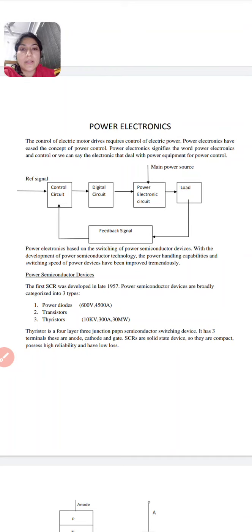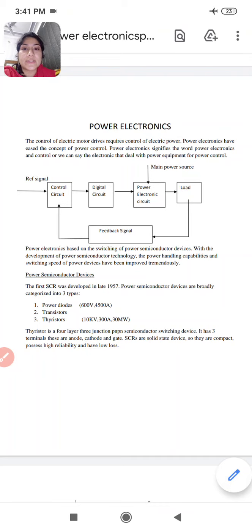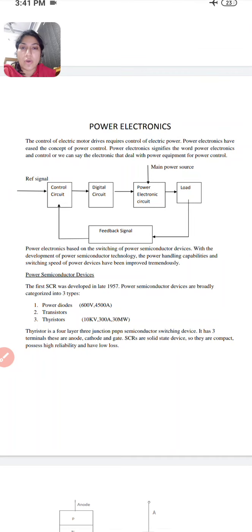This block diagram represents the basic structure of power electronics. First we give a reference signal to the control circuit. As per the reference signal, the control circuit will optimize the value. Then we have a digital circuit that will control our power electronic circuitry. For example, if we have a thyristor, we have to trigger it on, and for that we have a digital circuit.